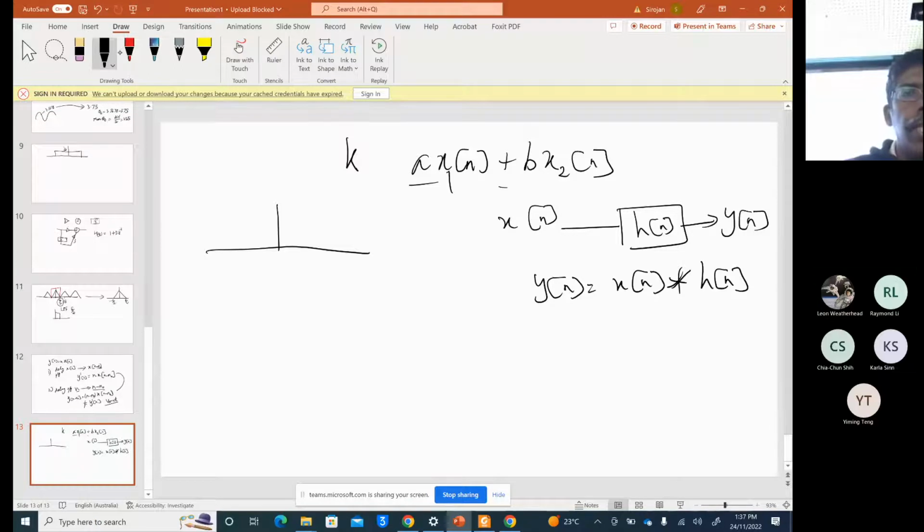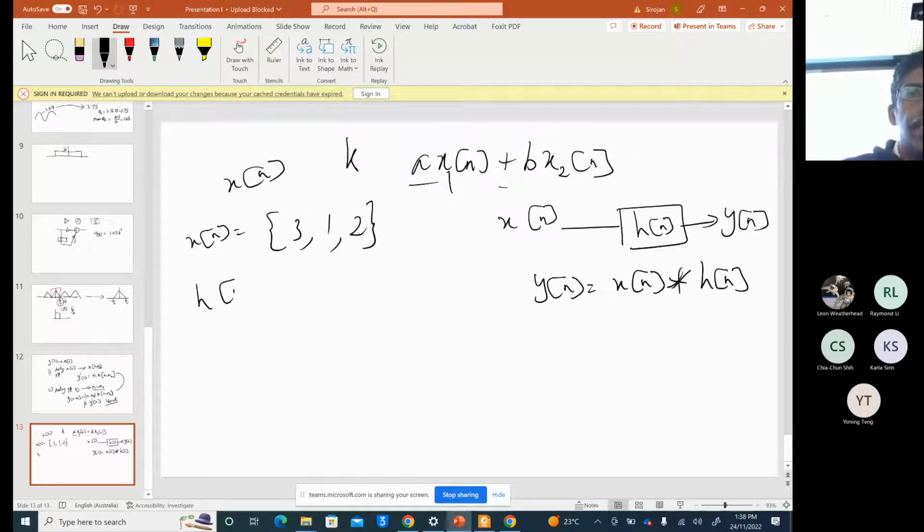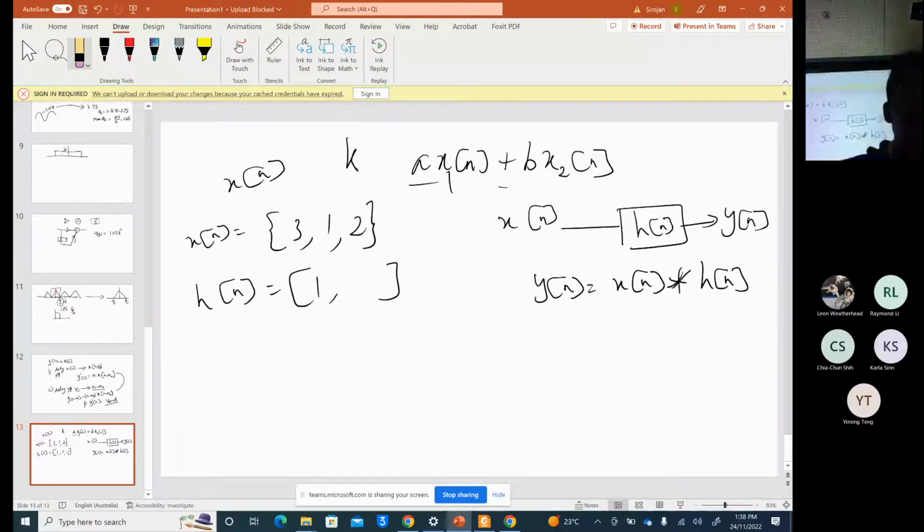So how do you do the convolution? Let's say x[n] is something like 3, 1, 2, and h[n] is, let's say, put some two values, 1, 2.